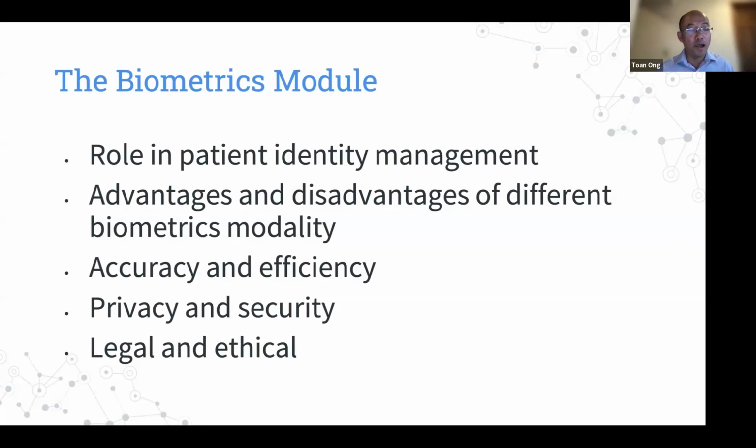There's also the legal and ethical aspect, to make sure that there's no discrimination or anything like that related to using biometrics information, as well as adequate consent from the patients, to make sure that they are aware that their information is being used for that purpose.